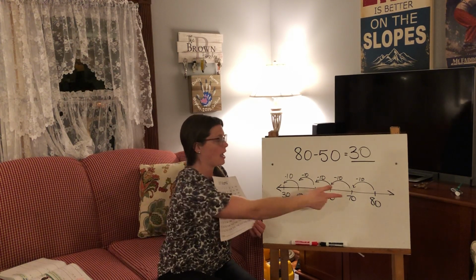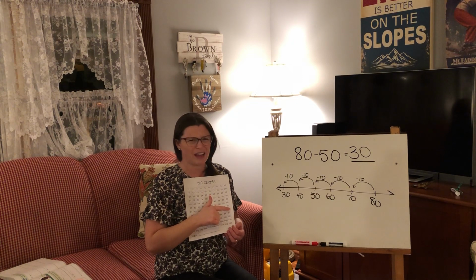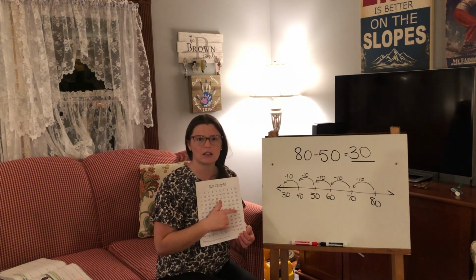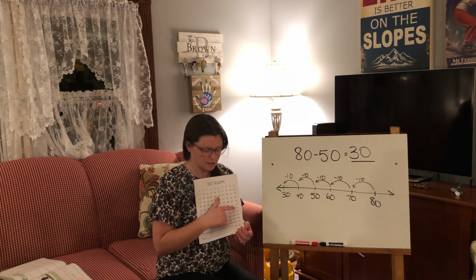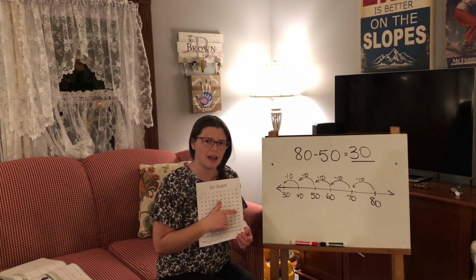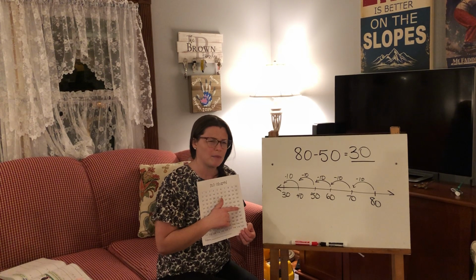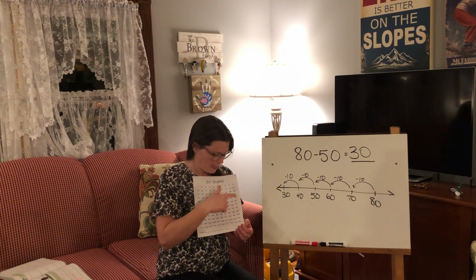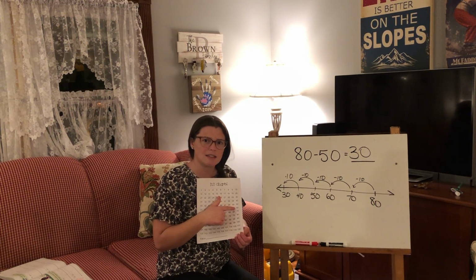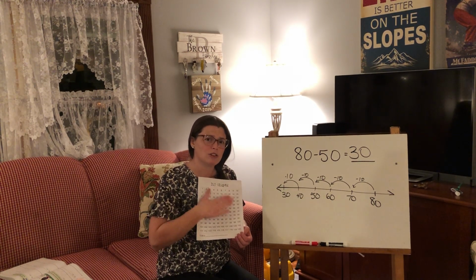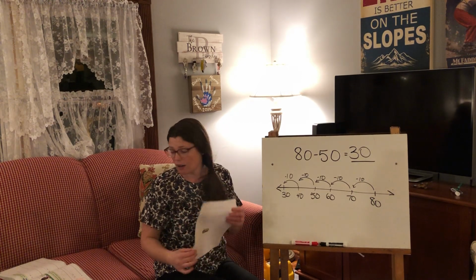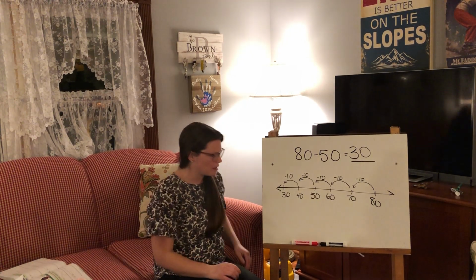Start with the 80 in this case. Okay, what's 10 less than 80? Well, what's the number above 80? It's 70, okay? What's the number above 70 if you can't think of what's 10 less than 70? It's the number right above it, it's 60. Okay, so if you need to use your 120 chart for that, you can go ahead and do that. That could be a big help.